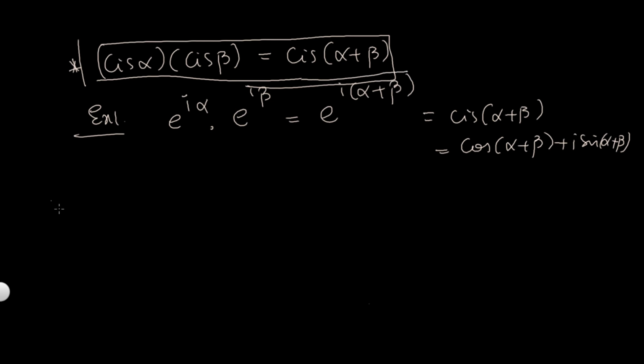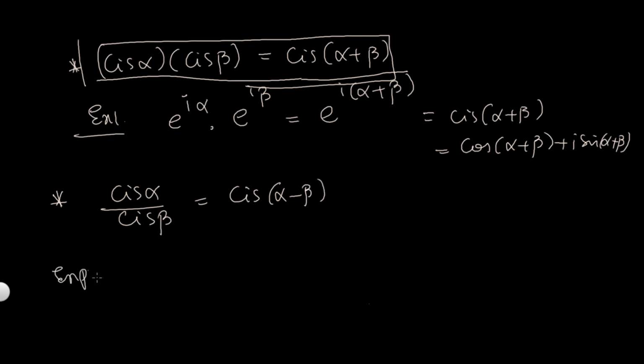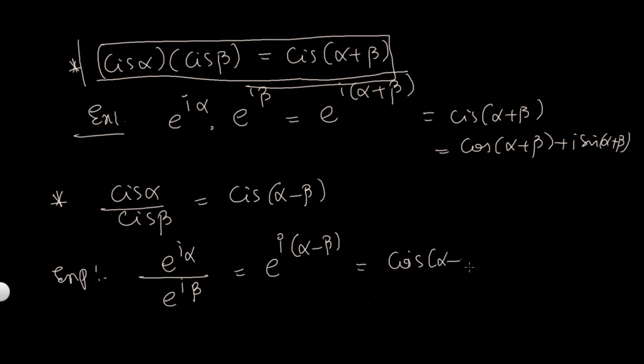And the last one, cis alpha by cis beta is cis of alpha minus beta. Explanation: e to the power of i alpha by e to the power of i beta, using the a power m by a power n formula, is e to the power of i of alpha minus beta. Then we can write cis of alpha minus beta, or cos of alpha minus beta plus i sin of alpha minus beta.